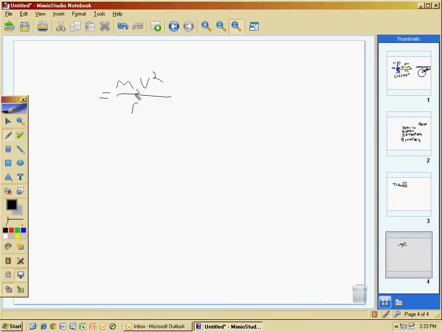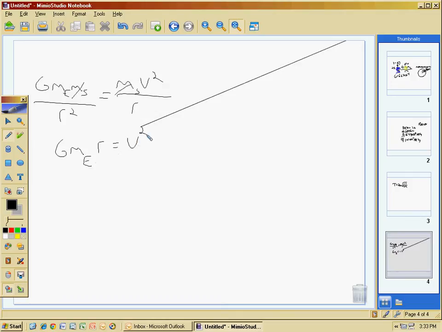And the force of gravitational attraction is going to be equal to G, the gravitational constant, times the mass of the Earth, times the mass of the satellite, divided by the radius squared. Well, hey, guess what? There's a mass of the satellite on both sides. I'm going to cross multiply and get G, mass of the Earth, times r equals v squared r squared. Now we cancel out an r.